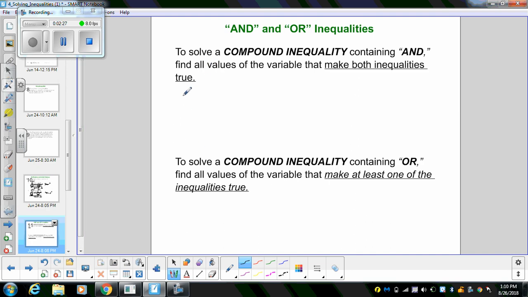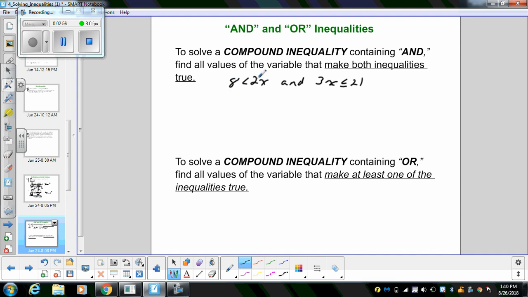So and or inequalities. To solve a compound inequality containing and, find all values of the variable that make both inequalities true. Alright, so for example, if I was to have 8 less than 2x and 3x is less than or equal to 21. Alright, over here to solve for x, I'm going to divide.